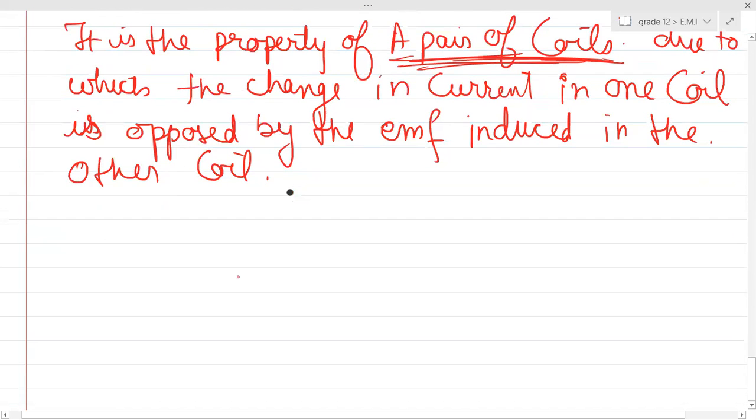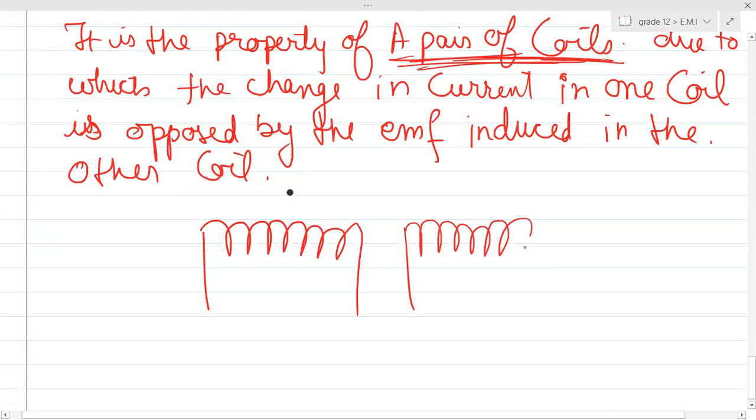So suppose there is one coil like this and another coil like this. Okay, so suppose the current through this coil is, let's say, I1.